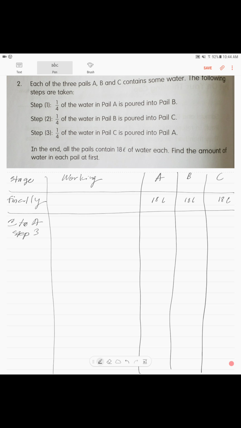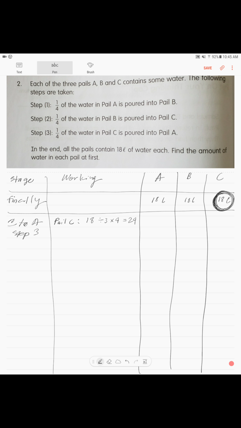It means 3/4 left, right? This is 3/4 in the pail C, so pail C is actually 18 divided by 3 times 4, 24, all right?